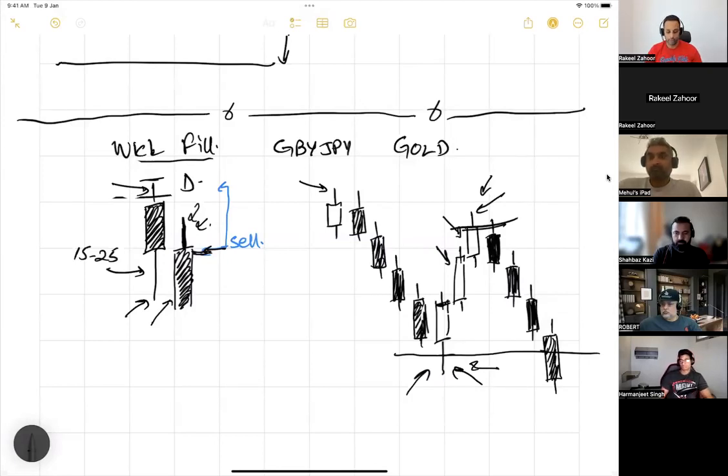So what we talked about here was wick fill, and the market structure to support the wick fill. Make sense? Market structure to support the wick fill.